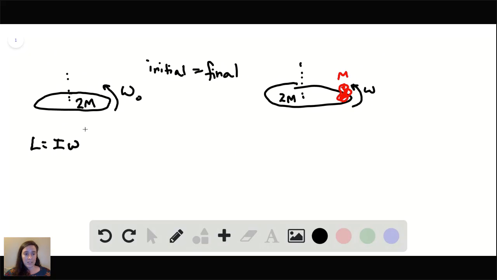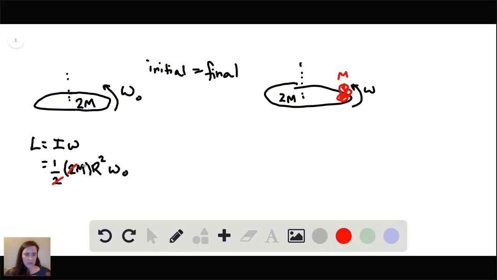So I have a disk. The rotational inertia of a disk is 1/2 mr squared. So 1/2, the mass of this guy, however, is 2m, r squared and omega naught.